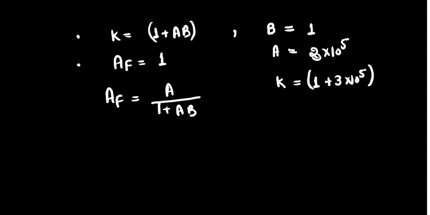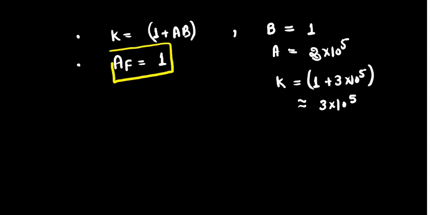So 1 plus AB is almost equal to 3 into 10 to the power 5. So this we need not worry. Even if you calculate it this way, the same 1 plus AB will come.